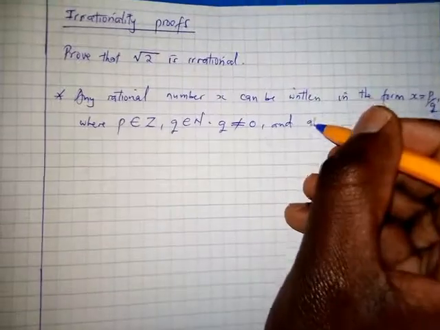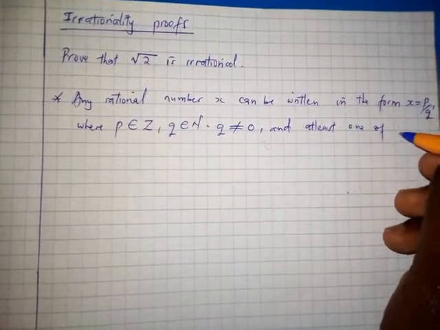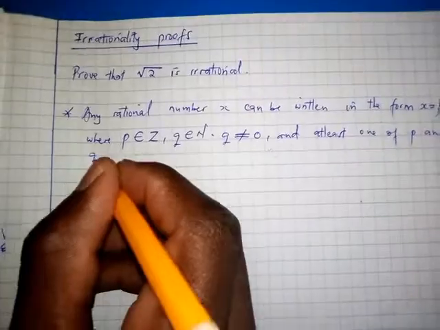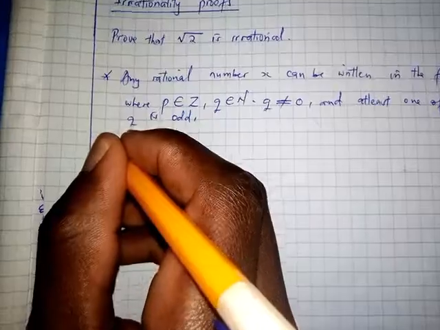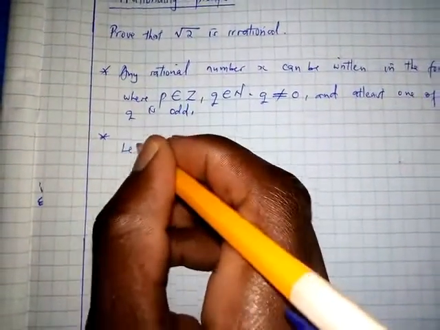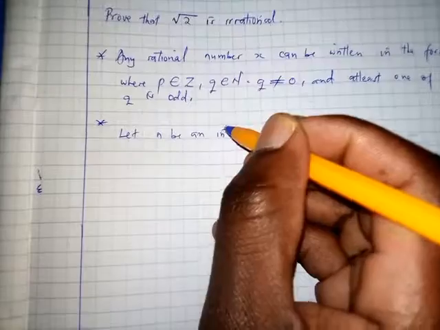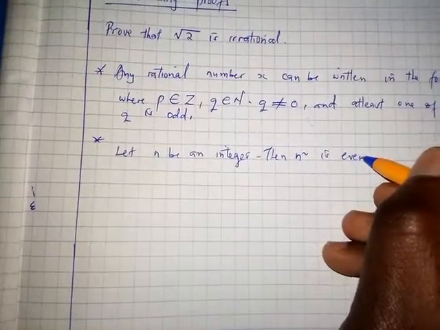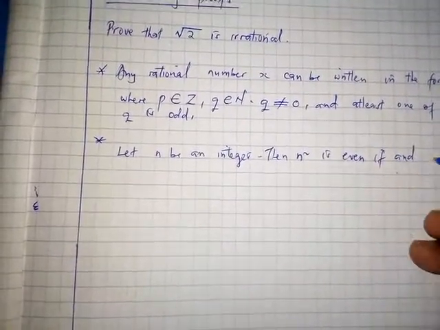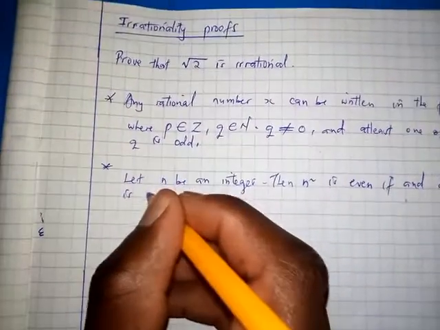and at least one of p and q is odd. We will also use this result: let n be an integer, then n squared is even if and only if n is even.